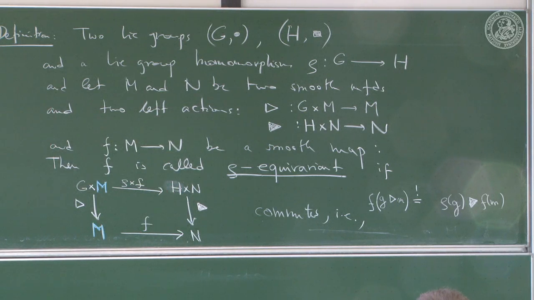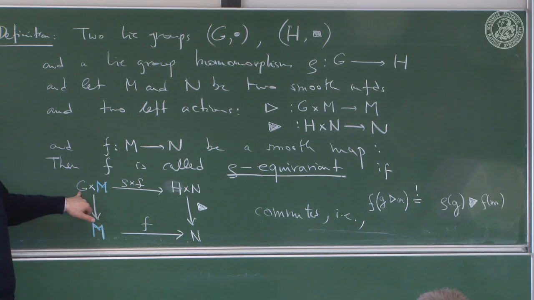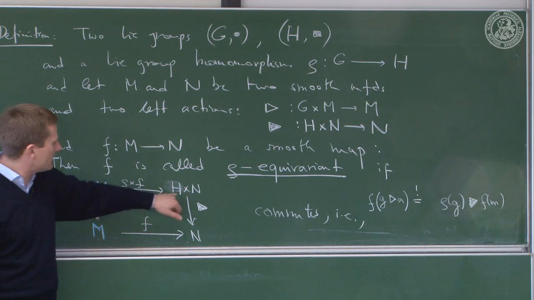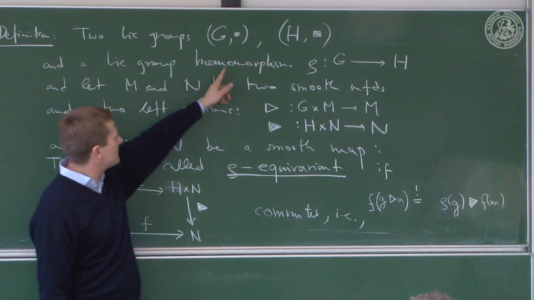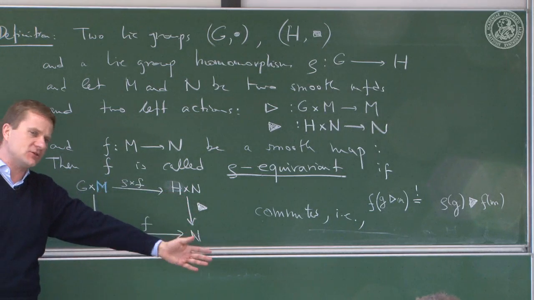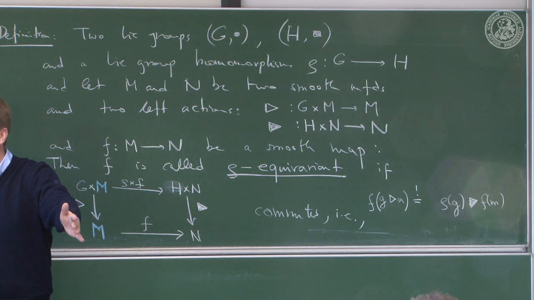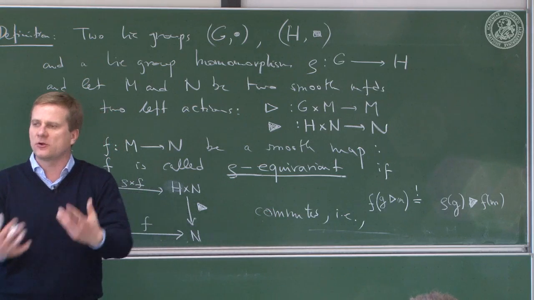Okay? Right. So this is rho equivariance, and this plays a role in physics. You can do this without this rho. You can say that this H is the same as this G. But in physics, for instance, you have here the Lorentz group, SO(1,3), but you do not. But now you want to compare this. What happens if you replace it, or not replace it, if you map it by a homomorphism into SL(2,C), which is the spin group, right? And you need to know, if you rotate your measurement apparatus, which you do by a Lorentz transformation, I mean, I rotate it, or I put it into a moving system, it's a Lorentz transformation.